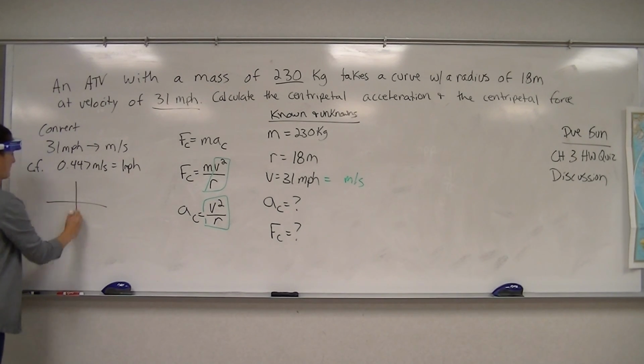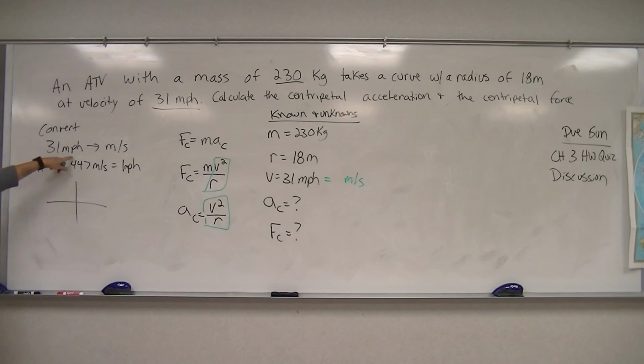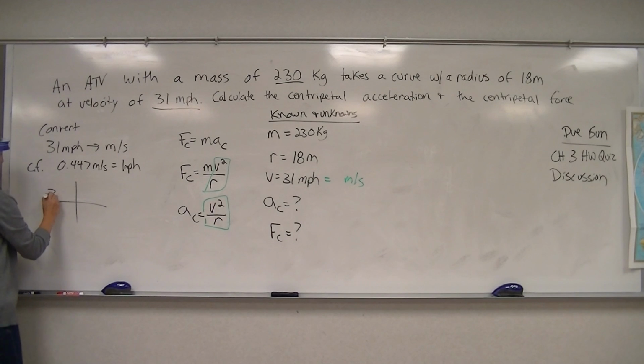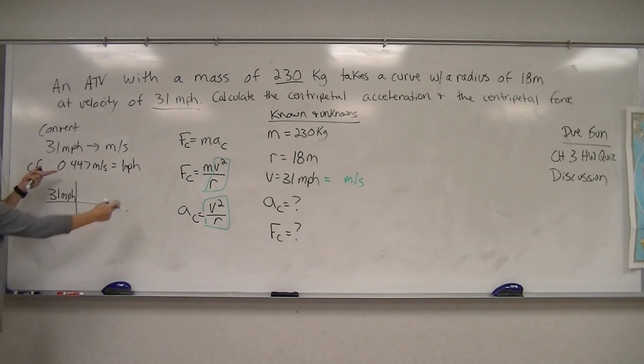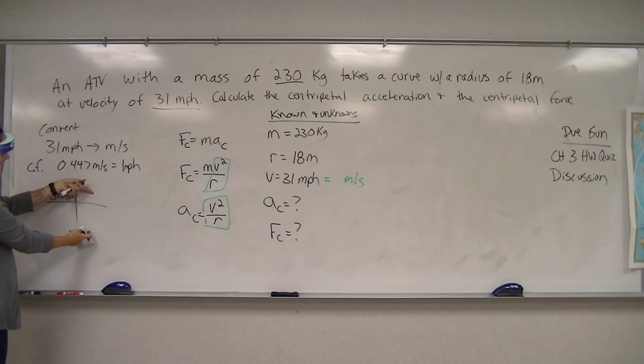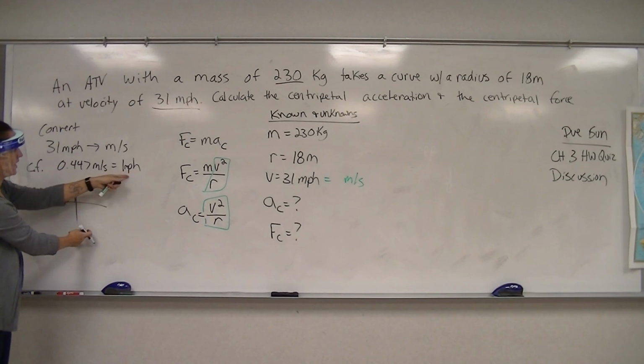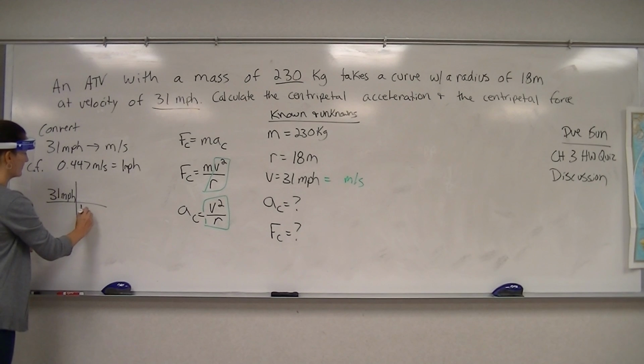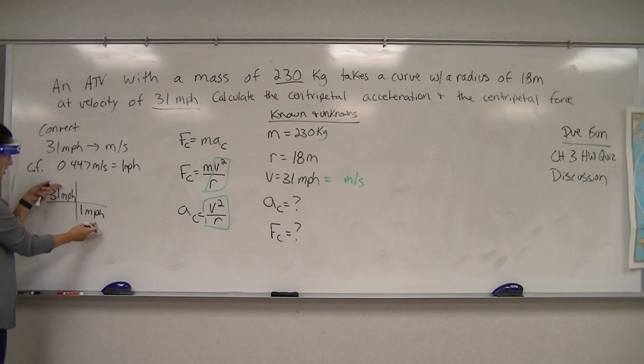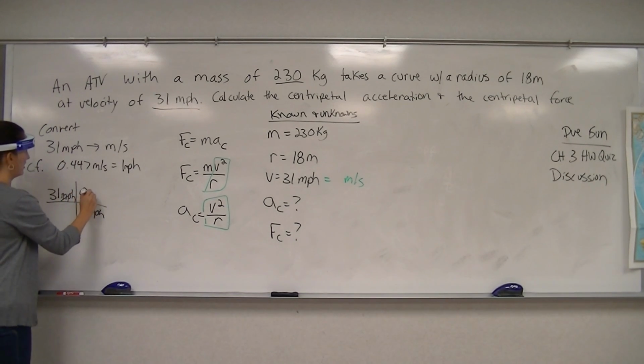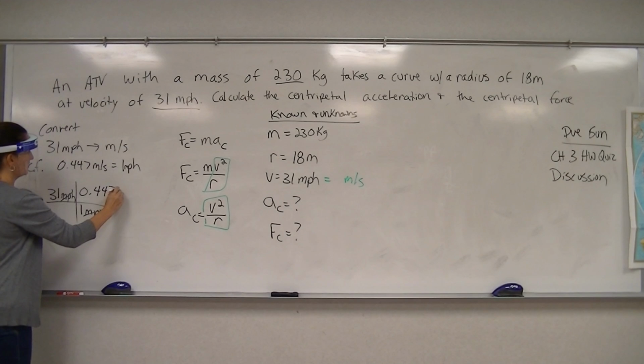So we start with my little plus sign. This 31 mph, that's what we're going to start with. That's what we're trying to convert. Then we take our conversion factor and put it here. I want the 1 mile per hour portion on the bottom so that miles per hour are on opposite sides of this horizontal line, thus canceling each other out. Then I will have my 0.447 meters per second on top.